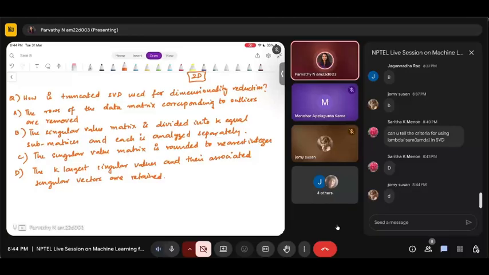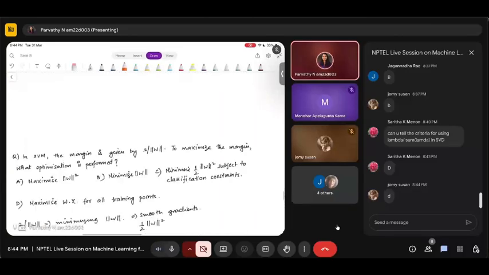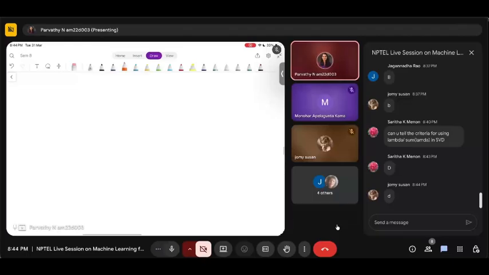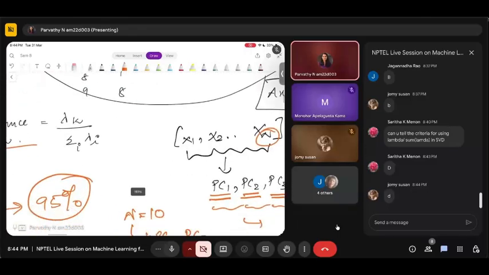So the lambda is something that comes with eigenvalue decomposition, as I mentioned here.